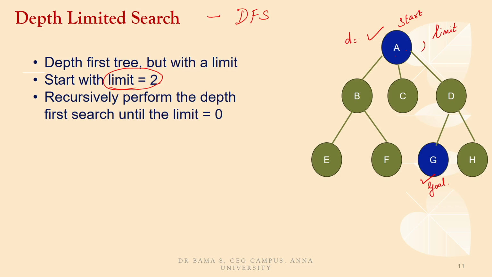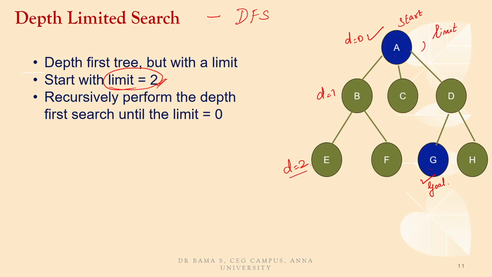For this example, A is the starting point and G is the goal, and the depth limit, if I say D is equal to 0, D is equal to 1 and D is equal to 2, is 2. How do we know that the goal is within limit 2? Again, by some intuition or experience, we know that the goal is available in this limit.